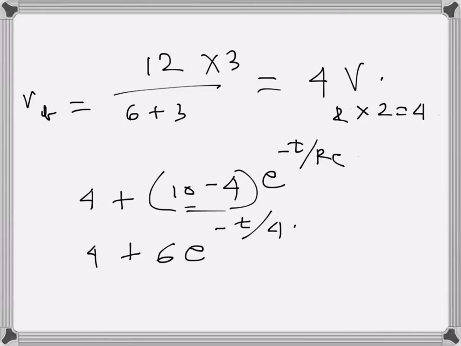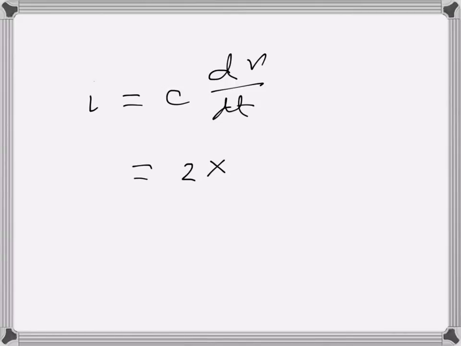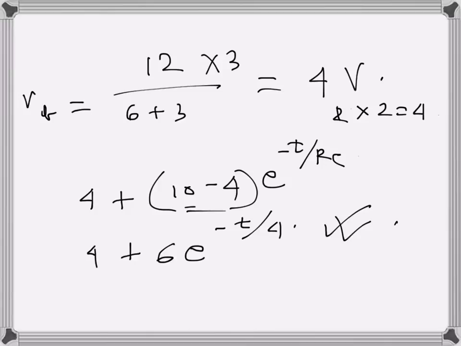So this is the voltage, and we have to use this voltage to find the current through the capacitor. So that is C dV over dt. So we have to differentiate that. C is 2 and V is this one. When we differentiate, the constant 4 becomes 0.